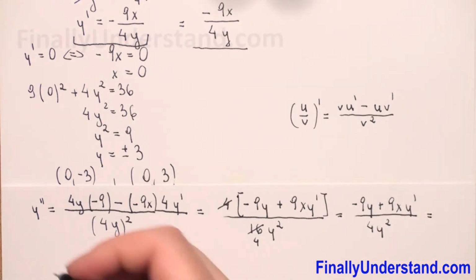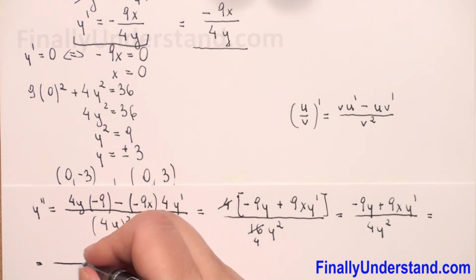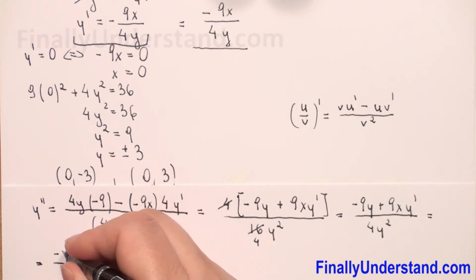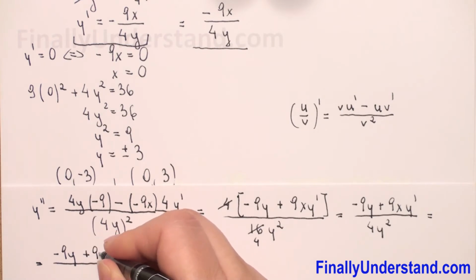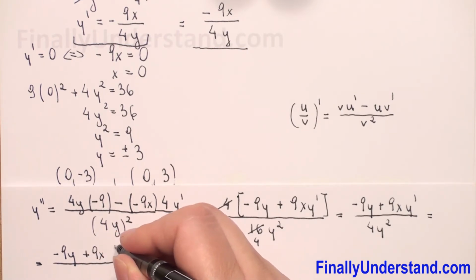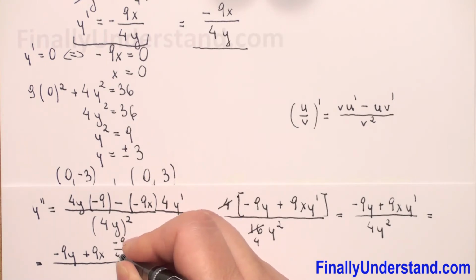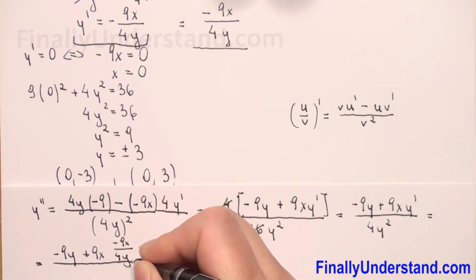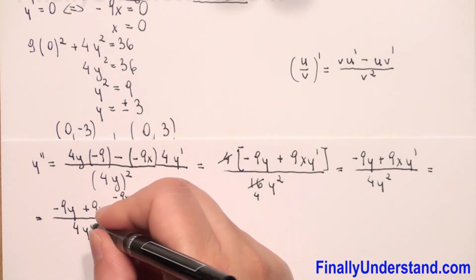So this is equal negative 9y we just copy plus 9x times, and we have negative 9x over 4y over 4y squared.